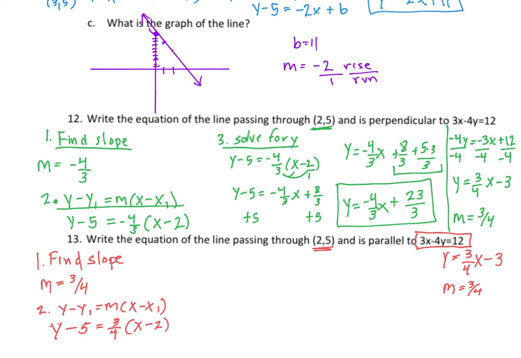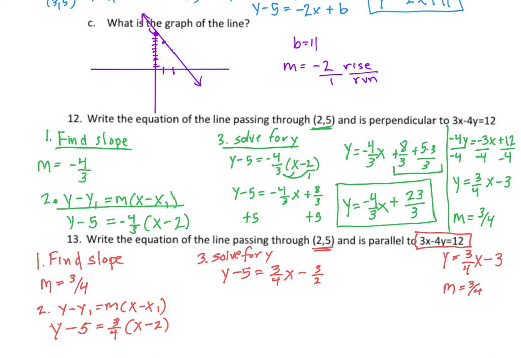Okay, now the last thing here is we solve for y. Alright, so I'm going to distribute that 3/4 through, so that's 3/4 x, and then 3/4 times 2 is 6/4, which is 3/2.